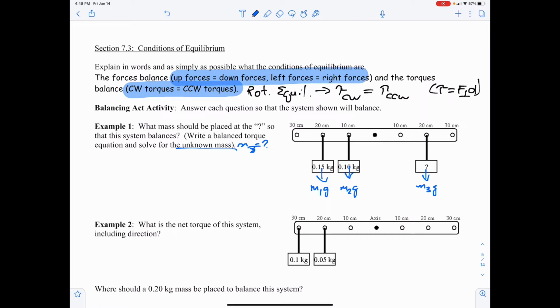Okay, now, since m1 is 20 centimeters away, that would make this d1. m2 is 10 centimeters away, that would make this d2. And the unknown mass is also 20 centimeters away, that would make that one d3. So it's going to correspond to whichever force or whichever object is acting at that point.